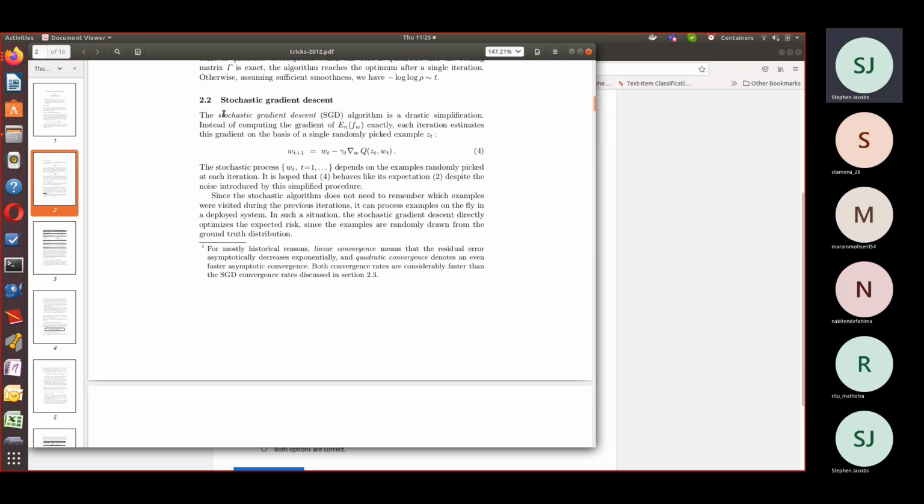With stochastic gradient descent, which a lot of these papers are about, the algorithm is a drastic simplification. Instead of computing the gradient of the error, the cost function, exactly each iteration, the estimate of this gradient is on the basis of a single randomly picked value.